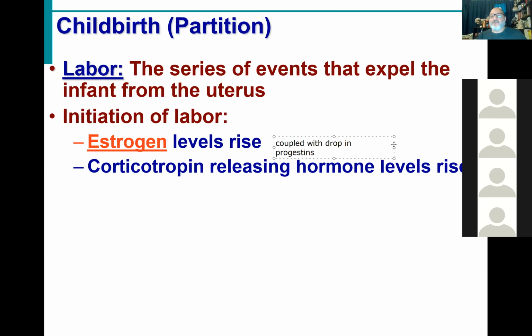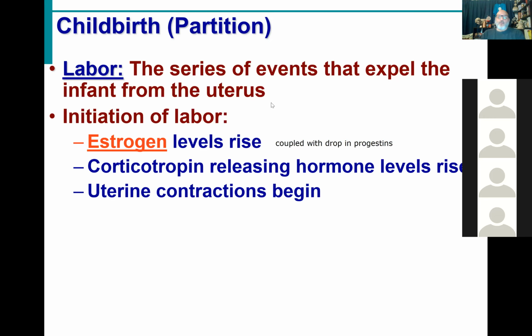So progestin levels start to tail off, but estrogen continues to rise. As I mentioned, the corticotropin releasing hormone level rises and reaches a peak. And when that occurs, that triggers uterine contractions.